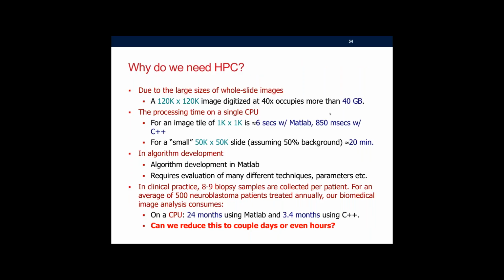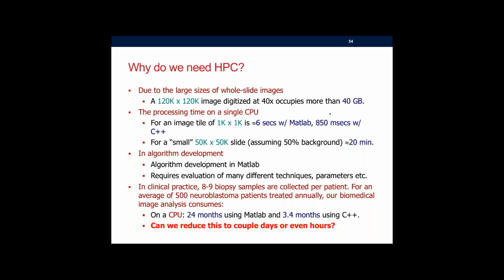It's a busy slide, but the point of this slide is, why do we need to use HPC? We are talking about this size of pathology slides. This can be 120,000 by 120,000 pixels, 40 gigabytes of memory. And most of the time, our collaborators develop their algorithms in MATLAB.